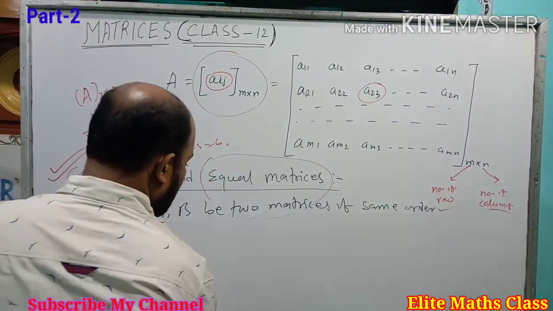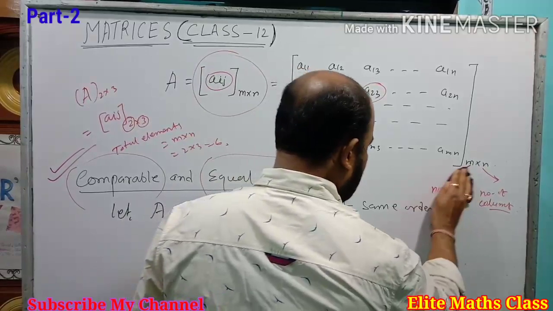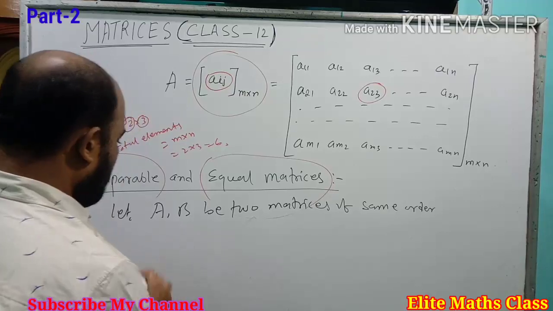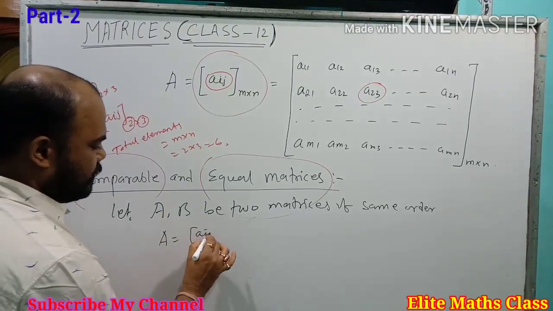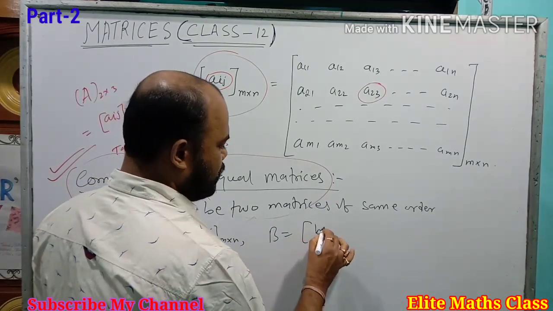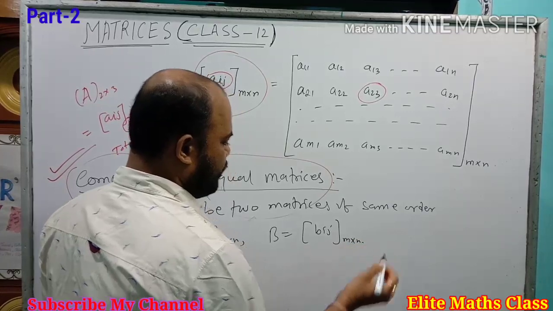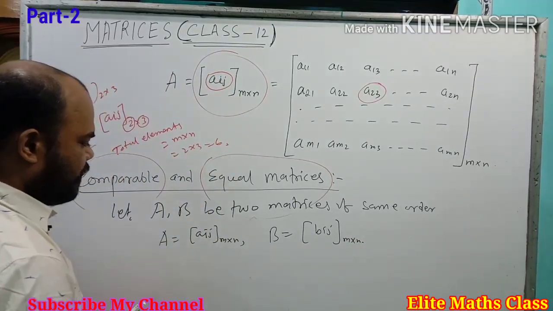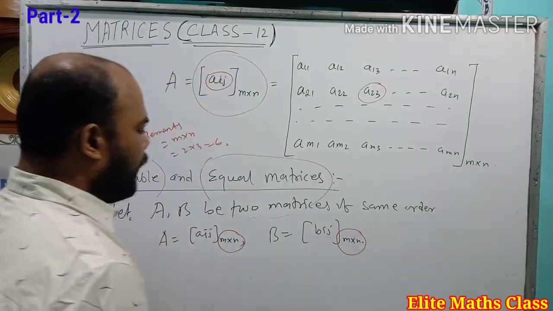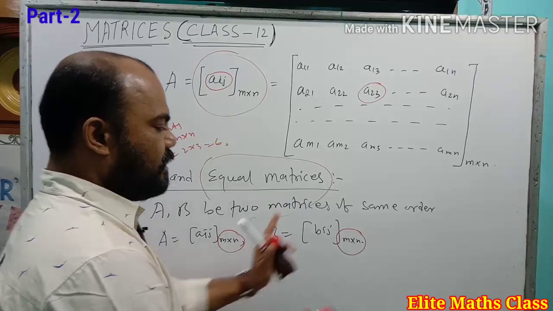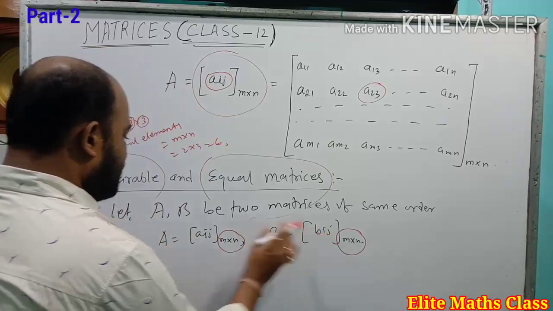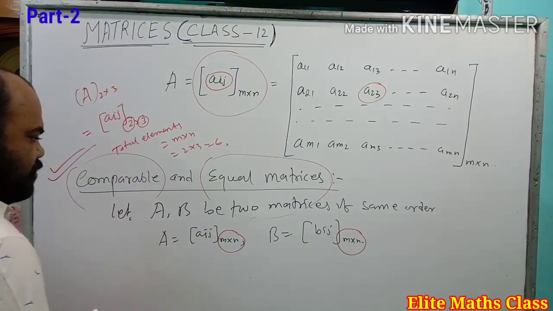Two matrices of same order, that is, A and B are two different matrices but they are of the same order. For example, let us take A a matrix of order m by n and B a matrix of order m by n. See here, both the matrices are of the same order. The number of rows in A is equal to the number of rows in B, and the number of columns in A equals the number of columns in B. In this case, two matrices A and B are said to be comparable.